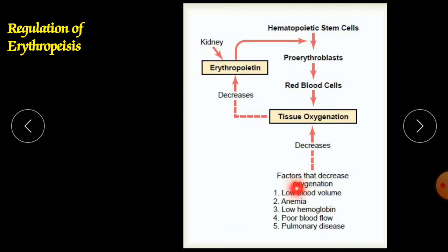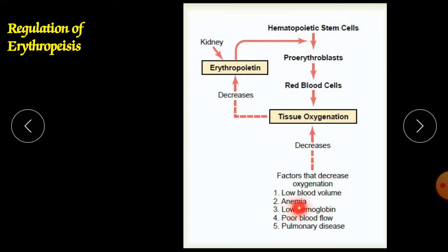So there are various factors that decrease oxygenation. First is low blood volume. If you have less blood volume, it is also responsible for less oxygen, because the hemoglobin-containing RBC carries the oxygen, and so oxygenation will decline.